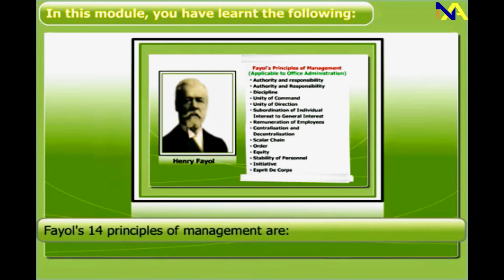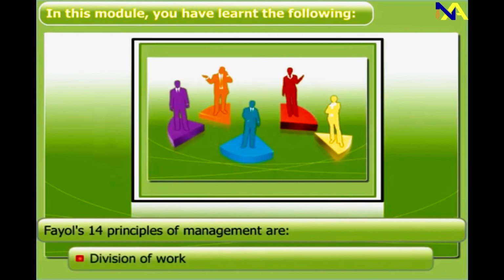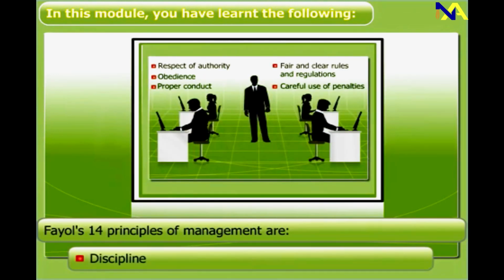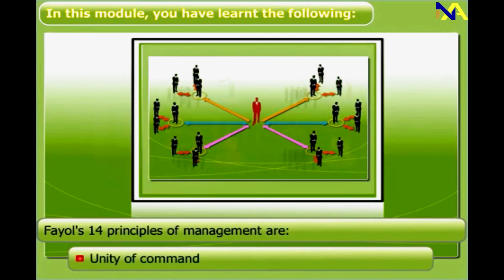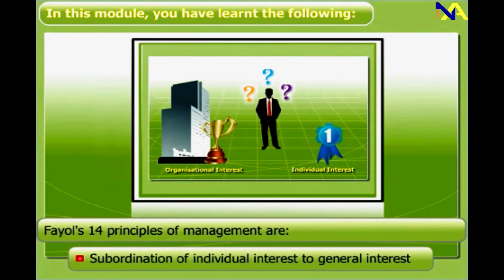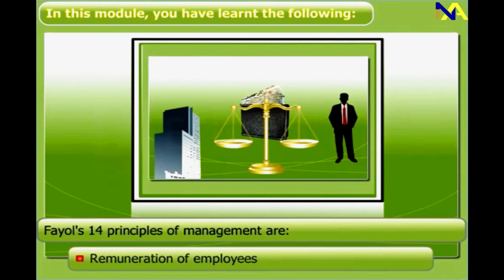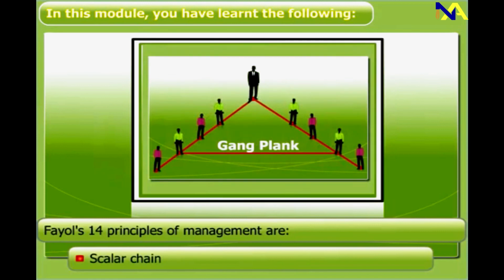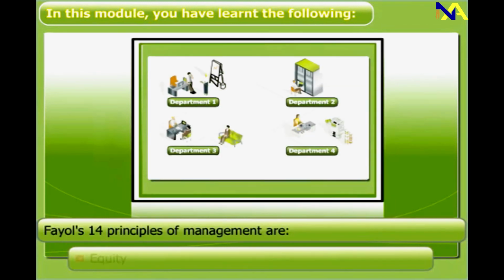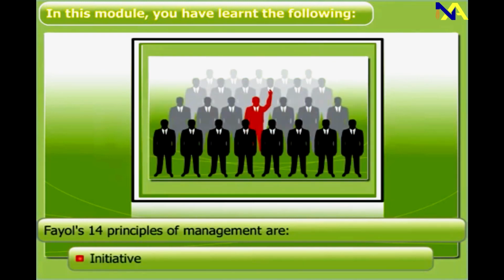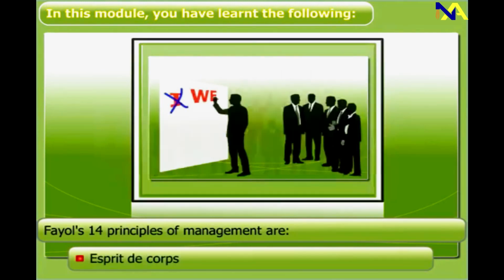Fayol's 14 principles of management are division of work, authority and responsibility, discipline, unity of command, unity of direction, subordination of individual interest to general interest, remuneration of employees, centralization and decentralization, scalar chain, order, equity, stability of personnel, initiative, and esprit de corps.